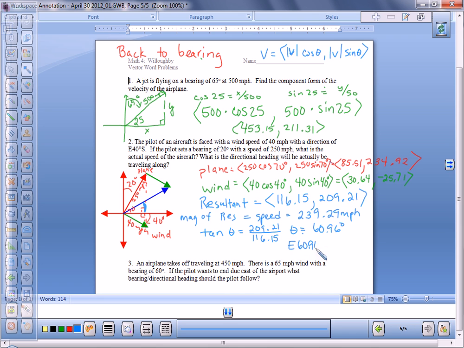Or if we just wanted to write it in terms of bearings, with respect to just north, we would have to subtract that 60.96 from the 90. So we would get a bearing of 29.04 degrees. So you could give either answer there.